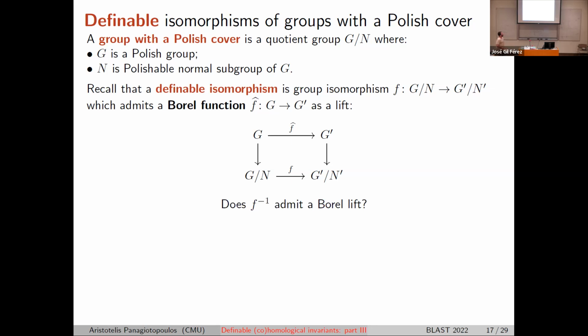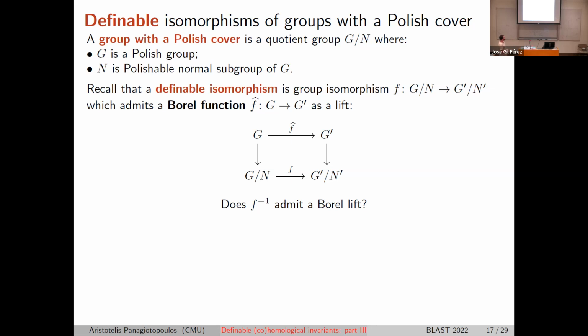Because when you work in the category of groups with Polish cover, there's an abstract categorical way to say what isomorphisms in this category are. And isomorphisms in the categorical sense would have to have the property that their inverse also Borel lifts.